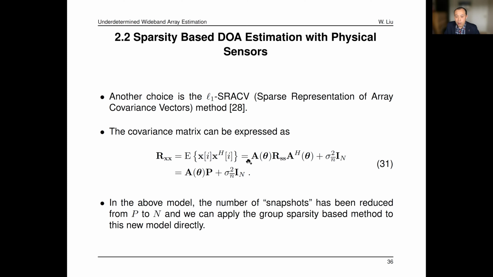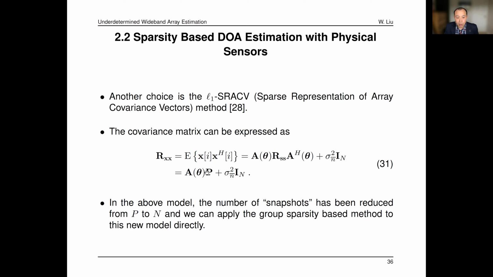Then in the second step, you keep A(theta), that's the steering matrix of the physical array, and you replace this part by this unknown matrix P, a new source data matrix. And this P has a much smaller dimension. You have N sensors, so P will be K times N, big K times big N.